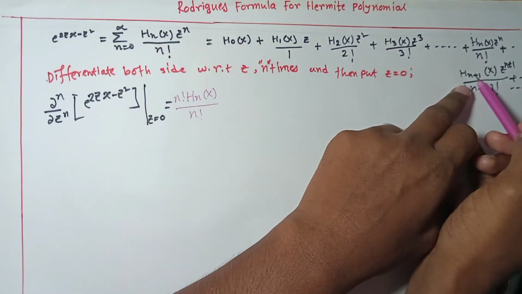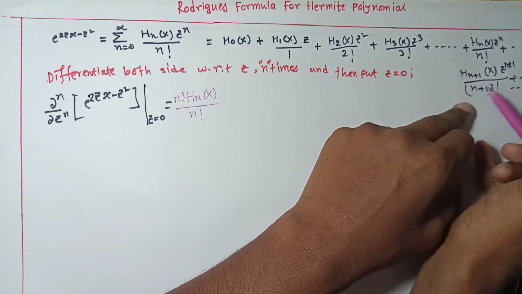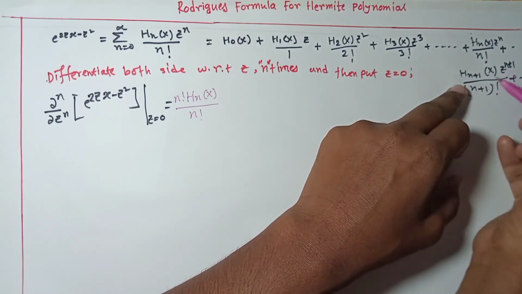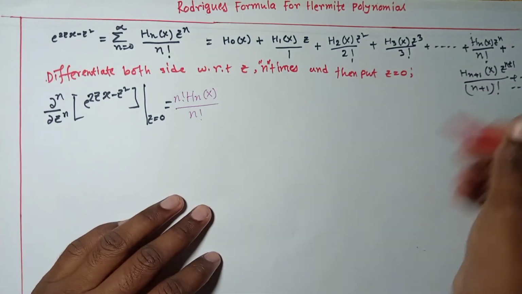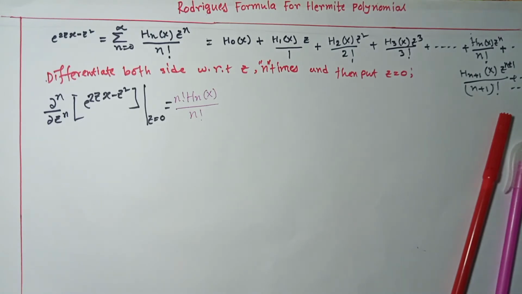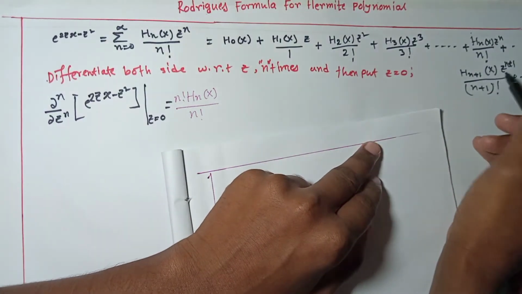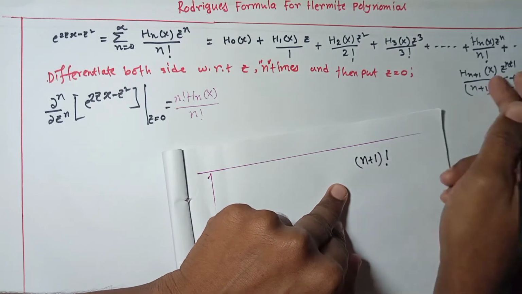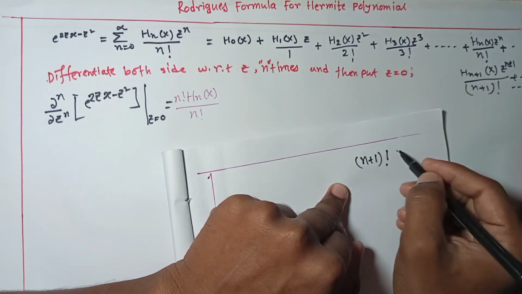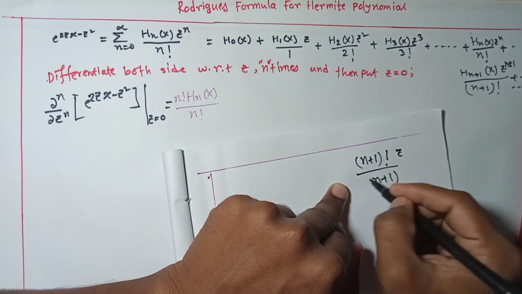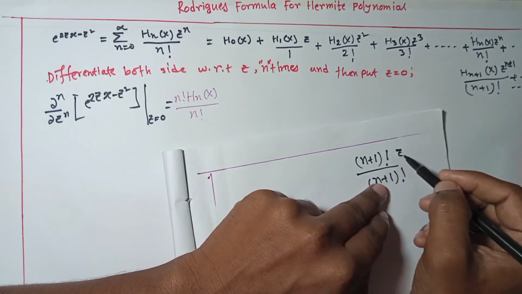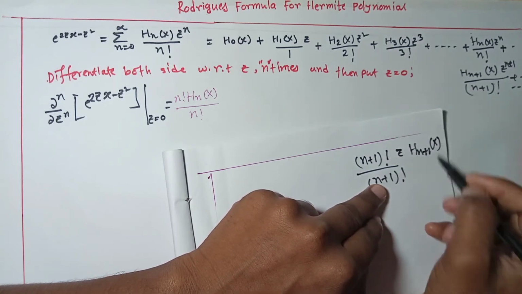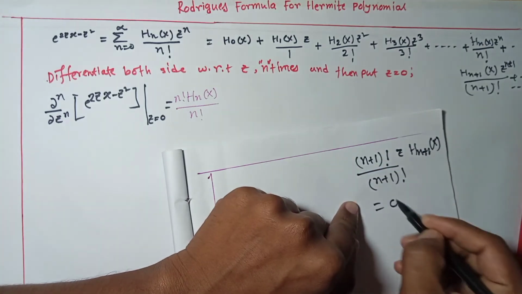And here, for the term H_(n+1)(x) z to the power n plus 1 divided by n plus 1 factorial, we also get 0: when we differentiate it n times, we are left with a factor of z, and then putting z equal to 0, we get 0.